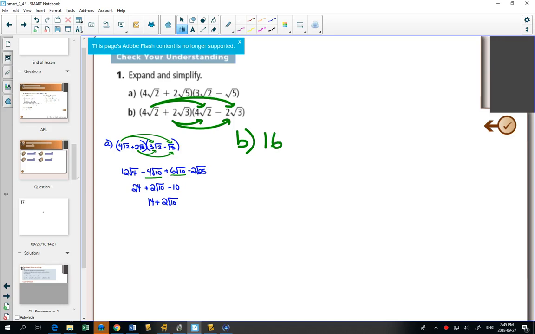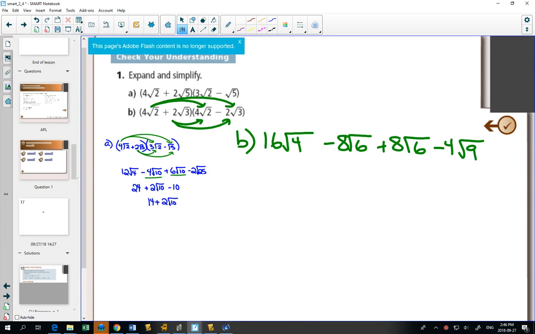Root 2 times root 2 would be square root of 4. Outside, 4 times the negative 2 would be negative 8. Root 2 times root 3, root 6. Inside, 2 times 4 is positive 8. Root 3 times root 2, root 6. And the last, 2 times negative 2 would be negative 4. Root 3 times root 3 would be root 9.